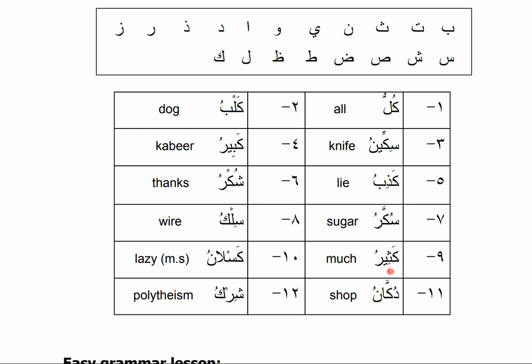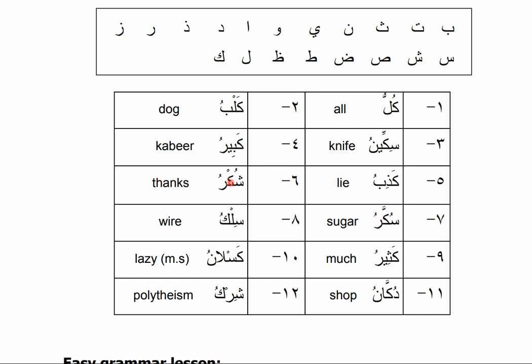Kathir means too much. Kathir, kaf in the initial letter. Dukkan, shop, and here kaf is with alif. Kalb, lam is in the middle and kaf as the initial letter. Kabir, kaf as initial letter. Shukr, to thank. Kabir means big and shukr means to thank.